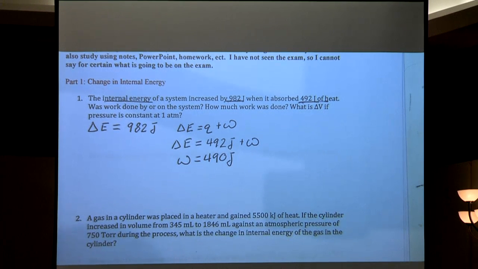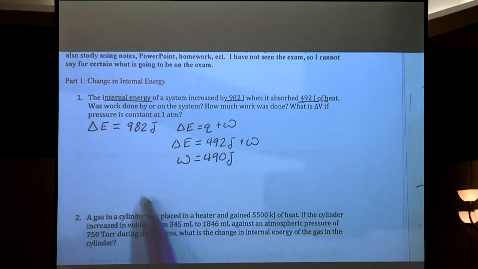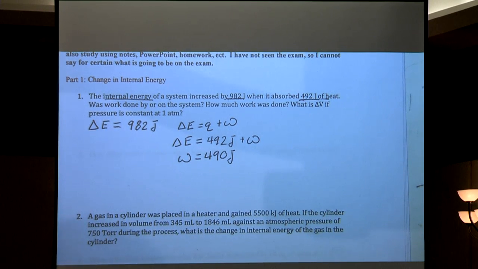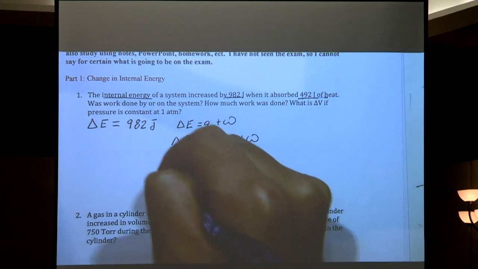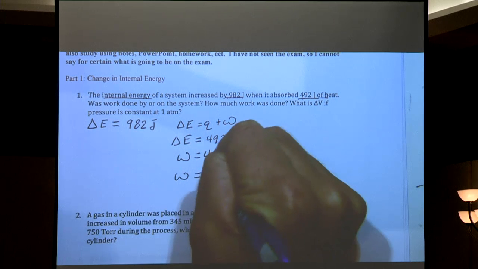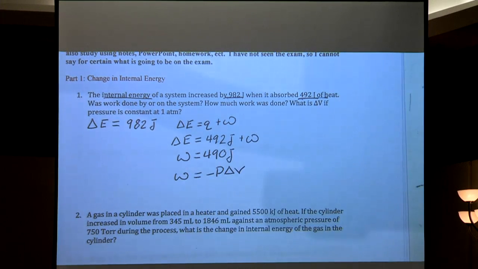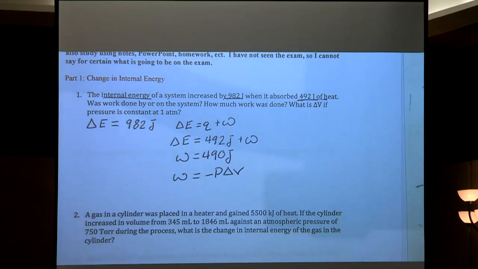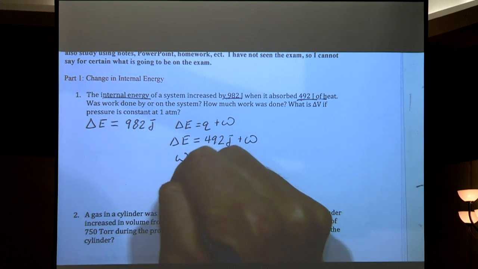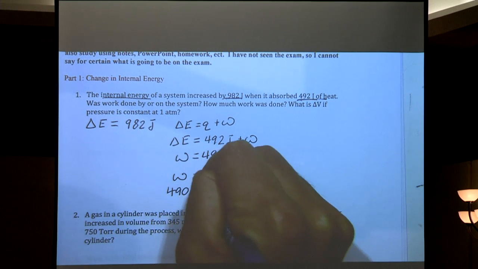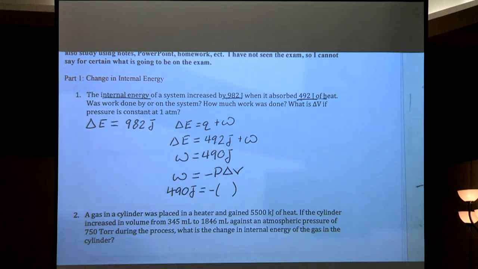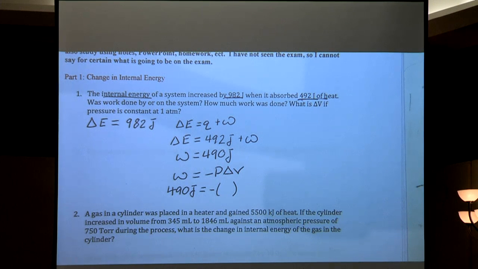And then we can figure out if the pressure is constant at 1 atm, what is the delta V? Okay, so what's our formula for work? Work equals negative P delta V. Okay, negative P delta V. We have our work is set equal to 490 joules, which equals negative P. Can I leave pressure in atmospheres, or what do I have to change it to?